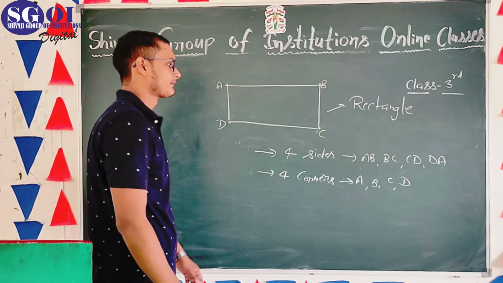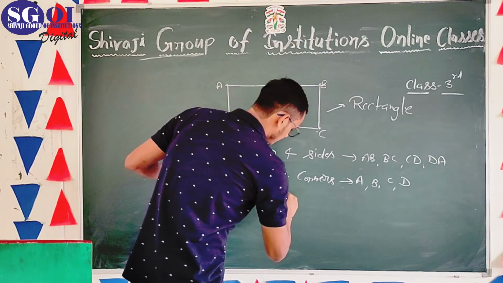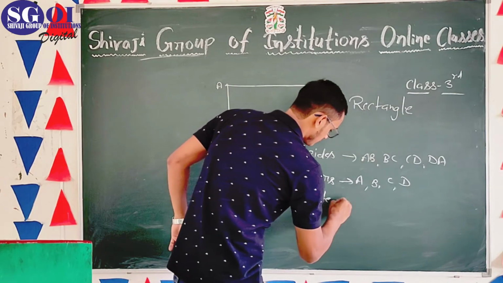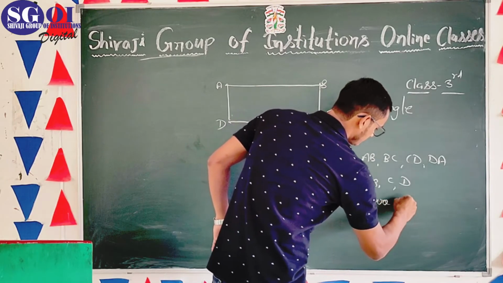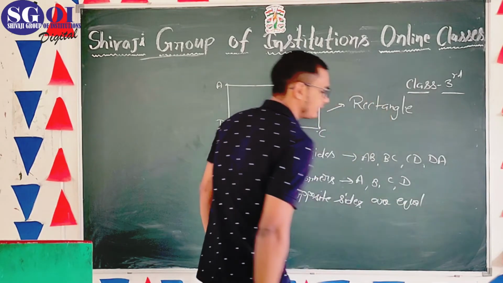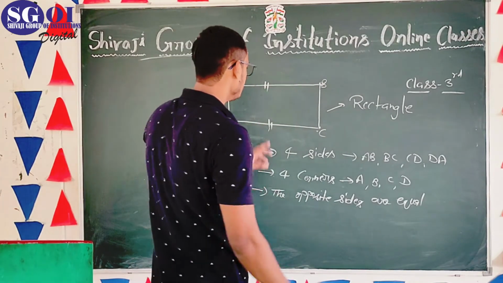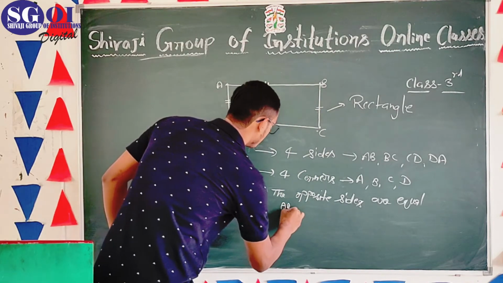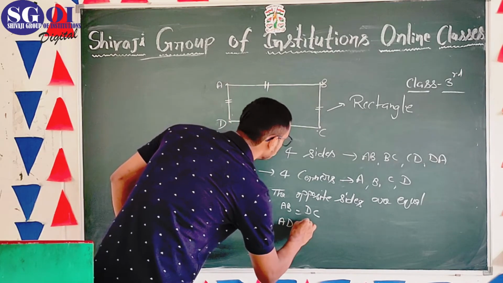And the opposite sides are equal. It means AB is equal to DC and AD is equal to BC.